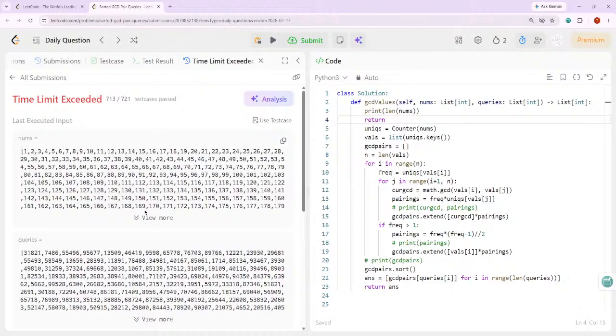I mean, clearly if I have GCD of 1 and a number, then it's just 1. If I could identify the prime, then GCD of them would just be 1 or that prime number itself, right?